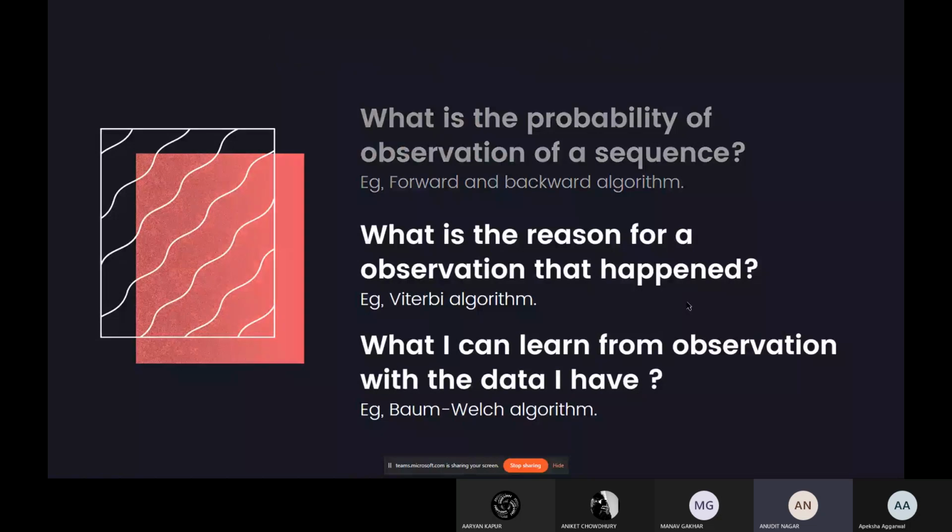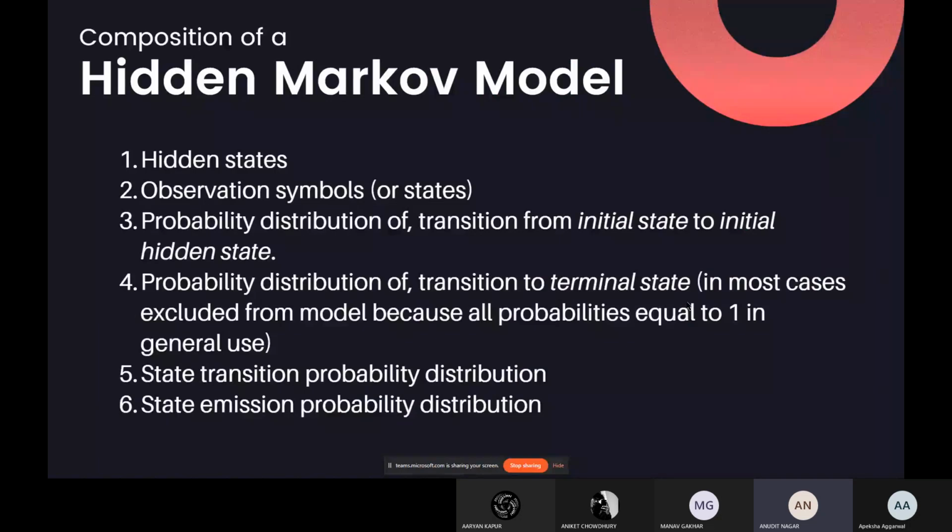So diving a bit deeper, what is the composition of a hidden Markov model? A hidden Markov model primarily comprises hidden states and observation symbols, and they rely heavily on probability distributions. So there's a probability distribution of transitions from the initial state to the initial hidden state.